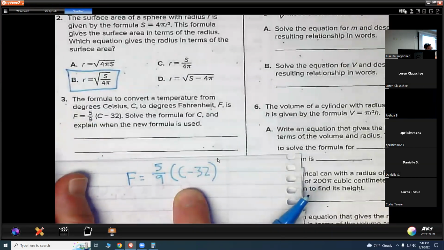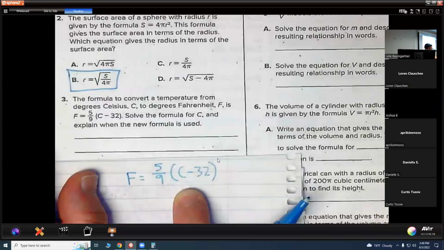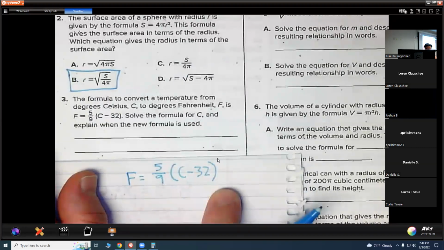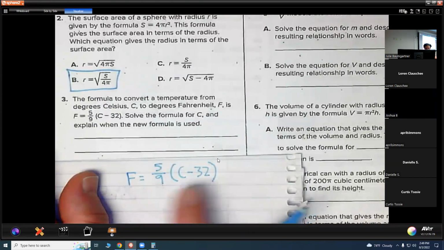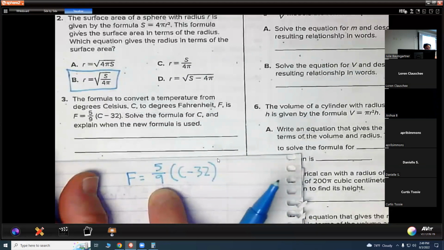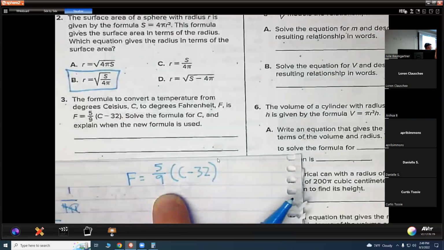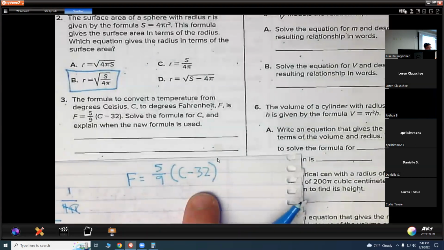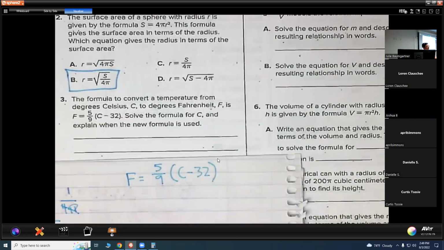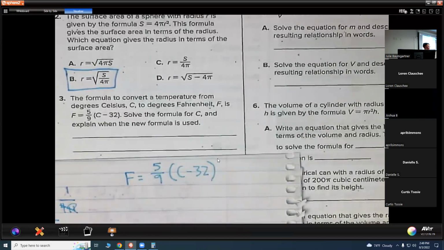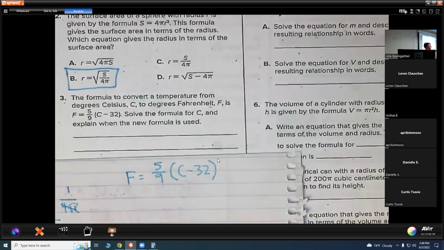So the first thing that I can do, and I don't need to distribute this, what can I do to move this chunk away? No, this is multiplied by this. Divide by what though? This is a fraction, 5/9.